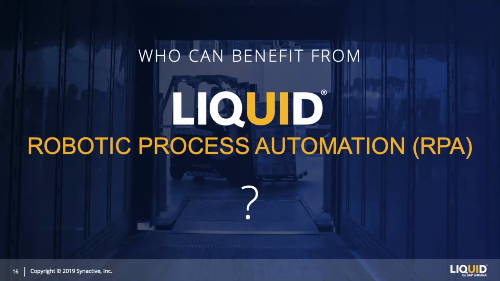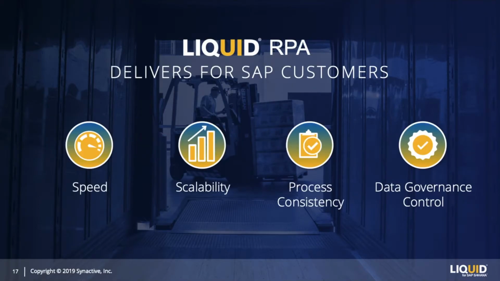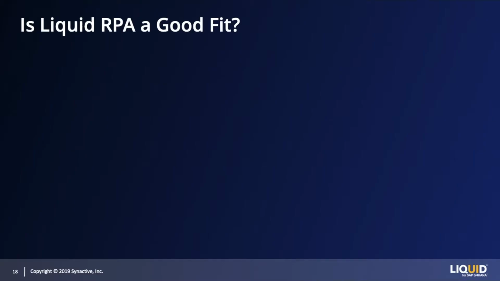So who can benefit from Liquid RPA? Well, the value delivered to SAP customers is in the speed, scalability, consistency, and data governance capabilities of key business processes. So how should you tell if Liquid RPA is a good fit?